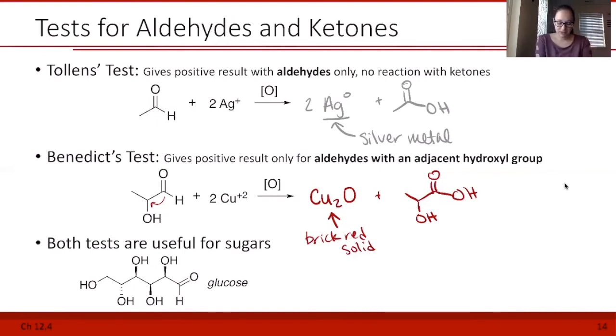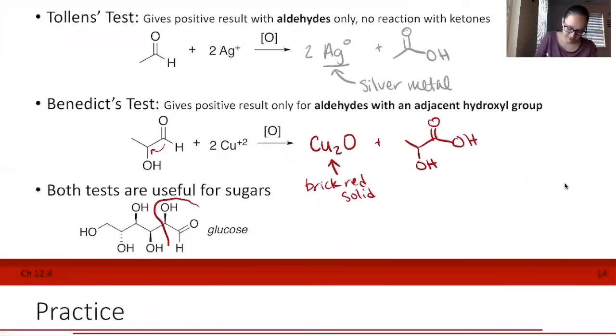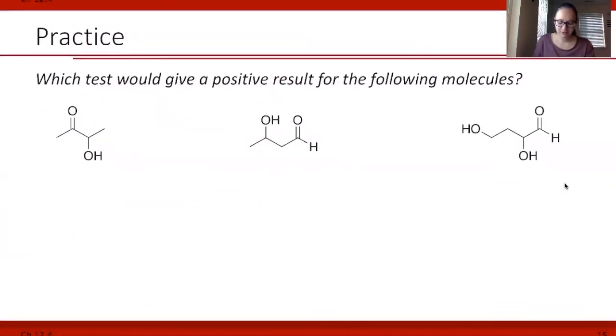And these are both particularly useful for sugars because you can see here we have that adjacent hydroxyl group to the aldehyde. So you can test the amount of sugar in something or see if you have it. So let's do a little bit of practice.